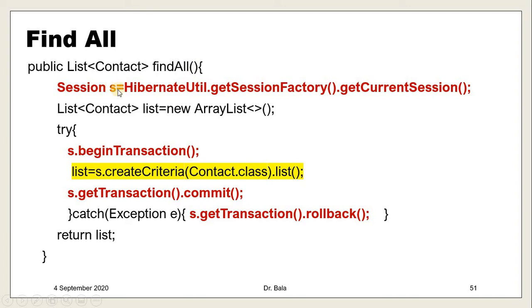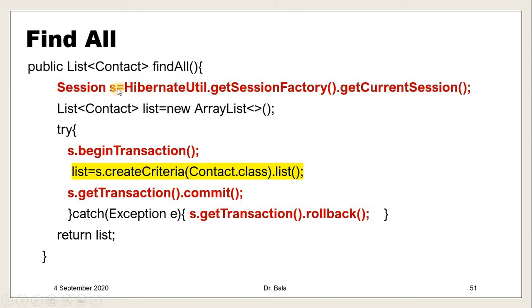So in order to display all the records, I am preparing a list of contact, which is a new ArrayList. I am preparing an empty ArrayList in which I am going to load all the values, and in the try-catch block I am going to begin my transaction.